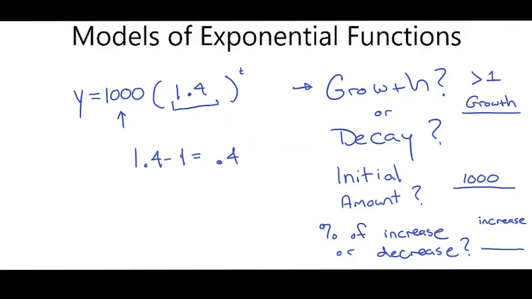Now, you might think that that's 4%, but this is actually 0.40, which is 40%. So my increase is 40%. And that is how you model exponential functions. You find whether it's a growth or a decay function, how you find the initial amount, as well as the percentage of increase or decrease.